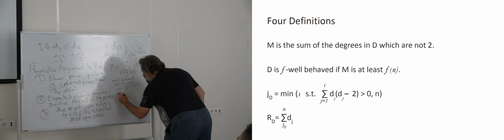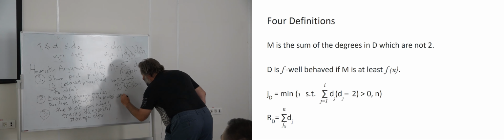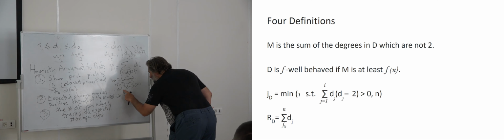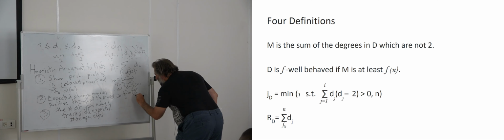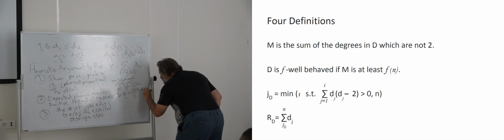The important definitions are: JD is the minimum I such that the sum from 1 to I of di minus 2 is greater than 0.